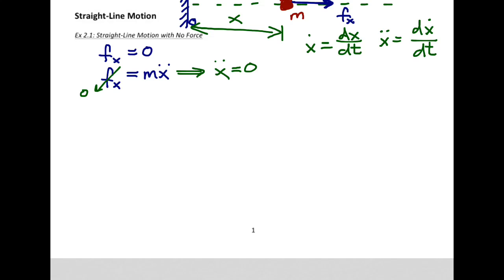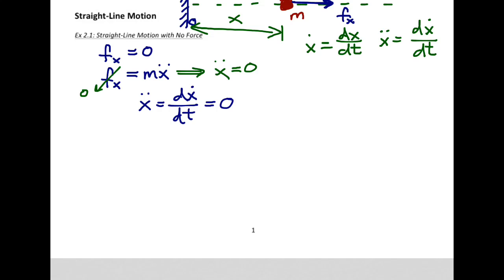So recall that we want to find the state of the system using our second order differential equations. The state of the system is the position and the speed. So we're going to take this and solve for the position and the speed. We just said that x double dot is equal to d(x dot)/dt. All right, so let's substitute that in. We know that that's equal to 0 in this problem.